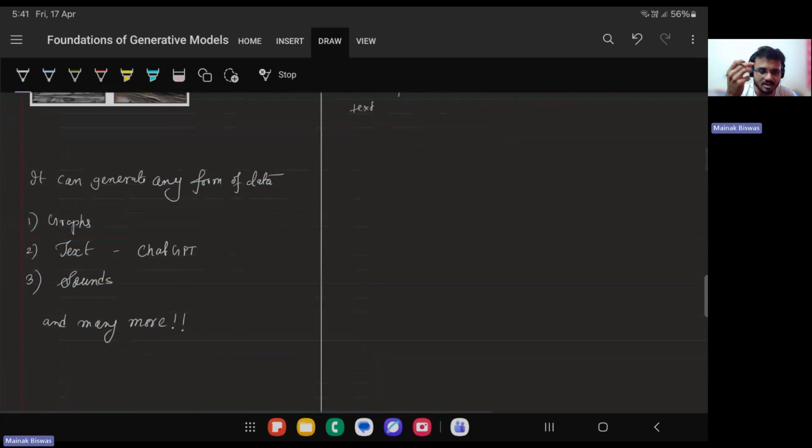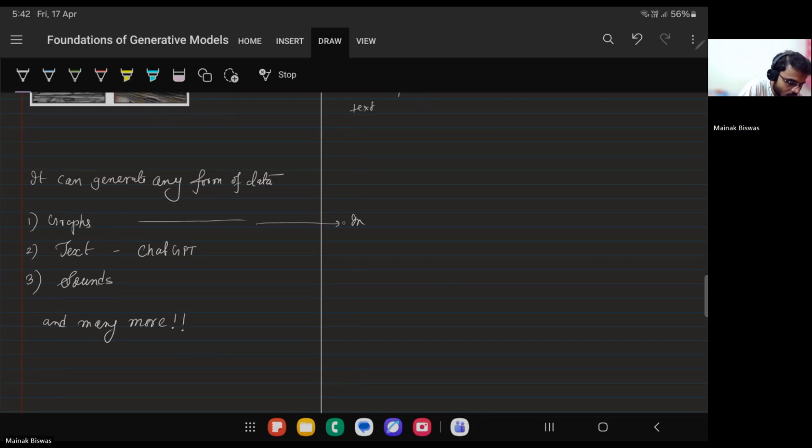Other things people have generated are graphs. So this is a lot of graph generation, as in chemistry for drug discovery. We have AlphaFold, which predicts if a particular protein will fold or not.